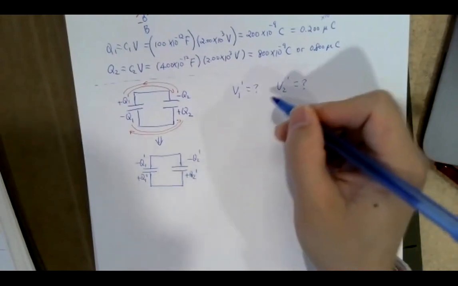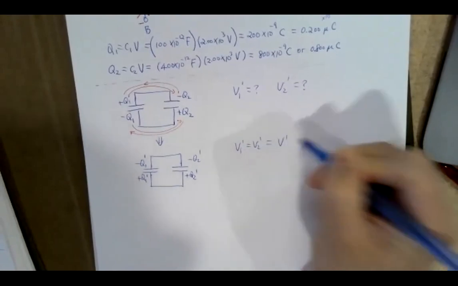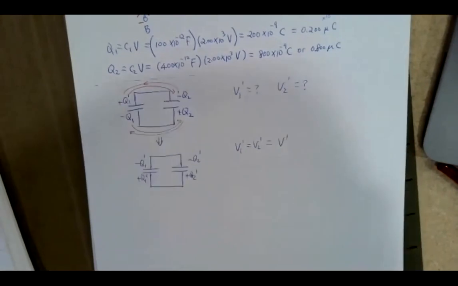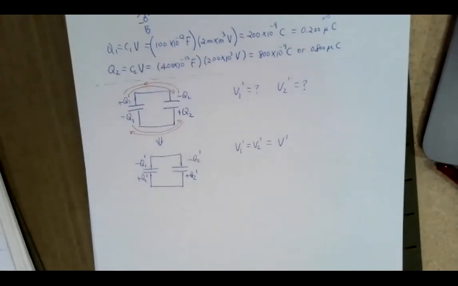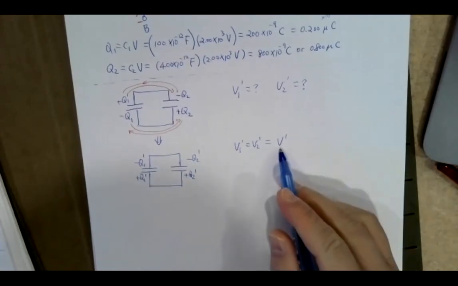So you would expect that V1 prime would be equal to V2 prime, okay? Let's just call that V prime. So you can figure that they are in parallel, okay? After they are reconnected again, they are still in parallel. So then the question is, you just need to figure out V prime, the total voltage across, okay?